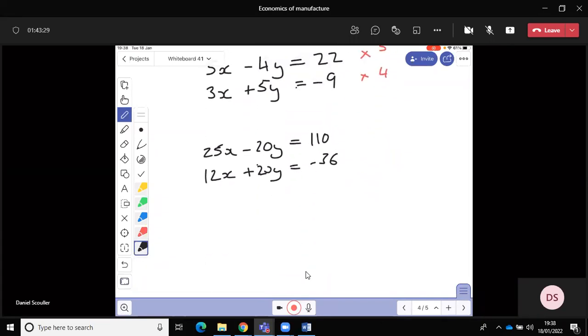Now we've got a second term which we can do the elimination with. So we add them up vertically. We get 37x, we eliminate those two, and then we'd get 74.